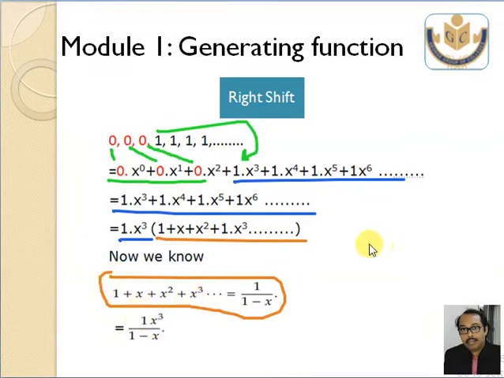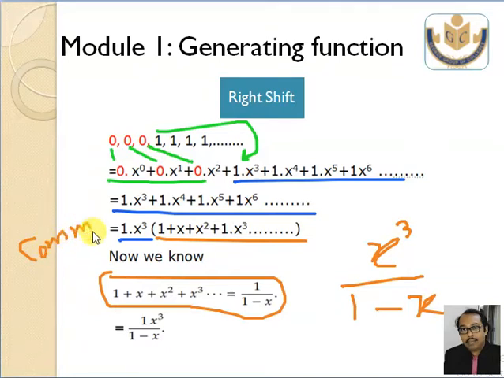So the answer is x cube by 1 minus x. Understand? So I have taken this common. Correct?